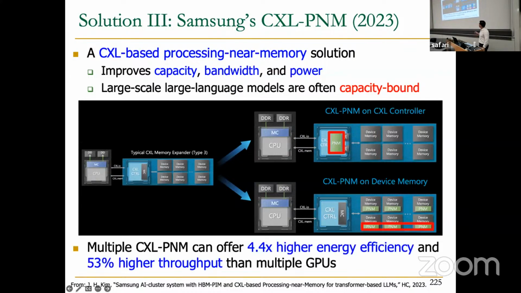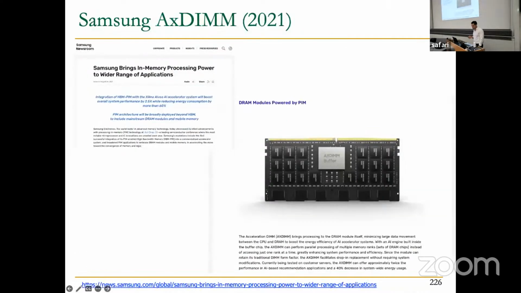Here they have two setups where they add this PIM logic either in the controller of this memory expander or in the memory chip itself, similar to what we just saw for the HBM2 and the low-power DDR chip itself. For these ones, they don't have a design, it's just more conceptual, but it should probably be quite similar to the other two that I just mentioned.